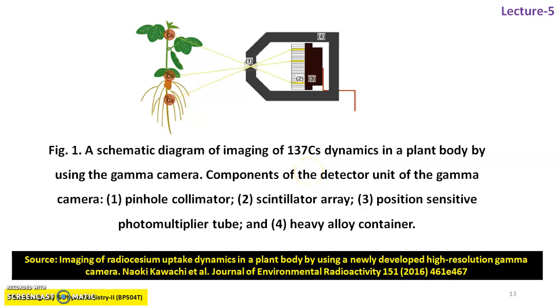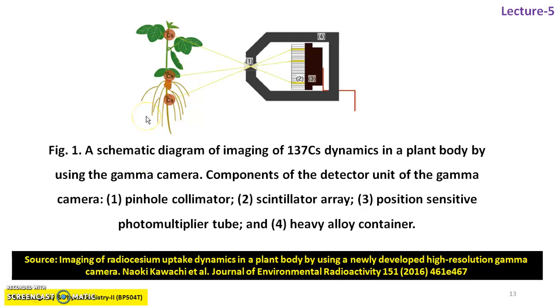Dear friends, this is a schematic presentation in front of you, a schematic diagram of imaging of cesium. So the cesium-137 radioactive label dynamics is presented here. The source is radiocesium uptake dynamics in a plant's body, studied using a newly developed high resolution gamma camera.